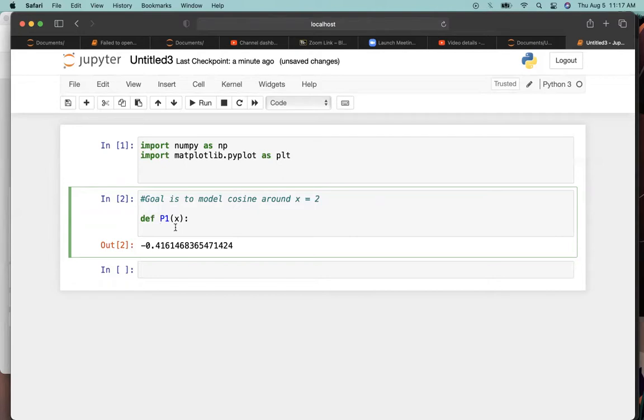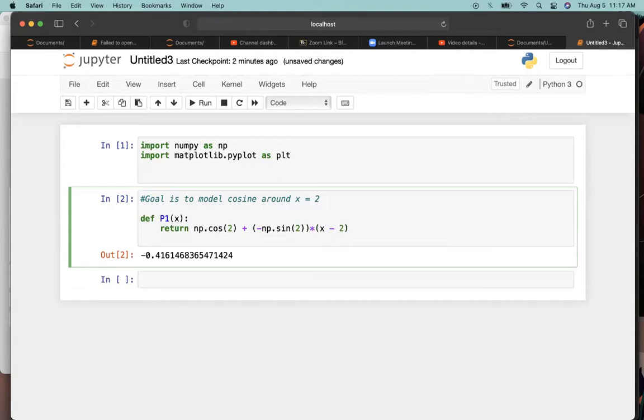So this is just going to return np.cos of 2 plus the derivative of cosine, which is negative sine of 2, times x minus 2.